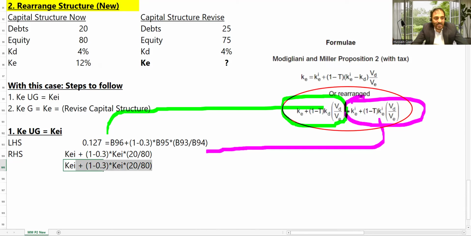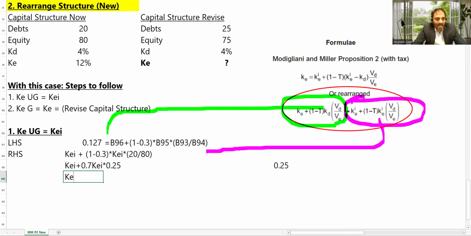Then you need to identify KEI plus, listen carefully, very important, KEI plus 0.7 KEI multiplied by 20 divided by 80, that is 0.25. Sir, how do you know that? 20 divided by 80 is 0.25.